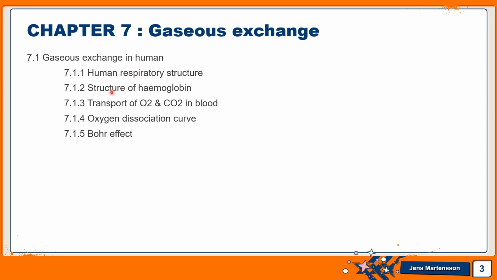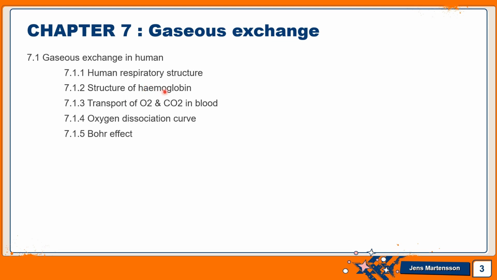You have to learn that. And also the second topic is about the structure of hemoglobin. This topic, I think in Sem 1 you actually learned already, but in Sem 2 you also have to learn the hemoglobin structure.